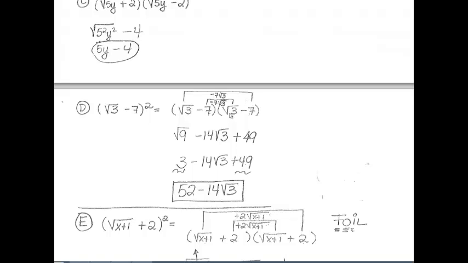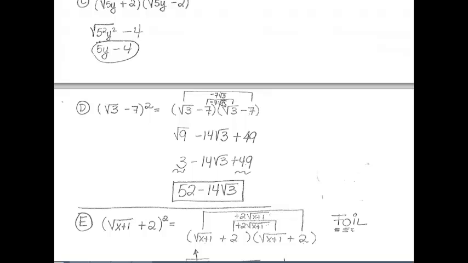So the first times the first gives you square root of 9, which is 3. Okay, with time you get used to the fact that multiplying a square root times itself just gives you the number inside the radical. So square root of 3 times square root of 3 gives you the number inside, which is 3. Then I multiply the outer numbers and it gave me this. I multiplied the inner numbers and it gave me that.